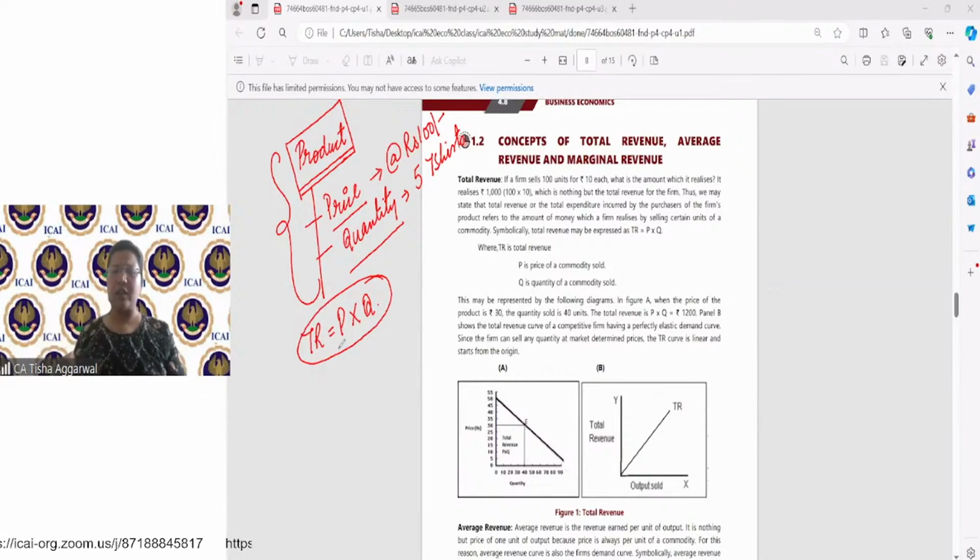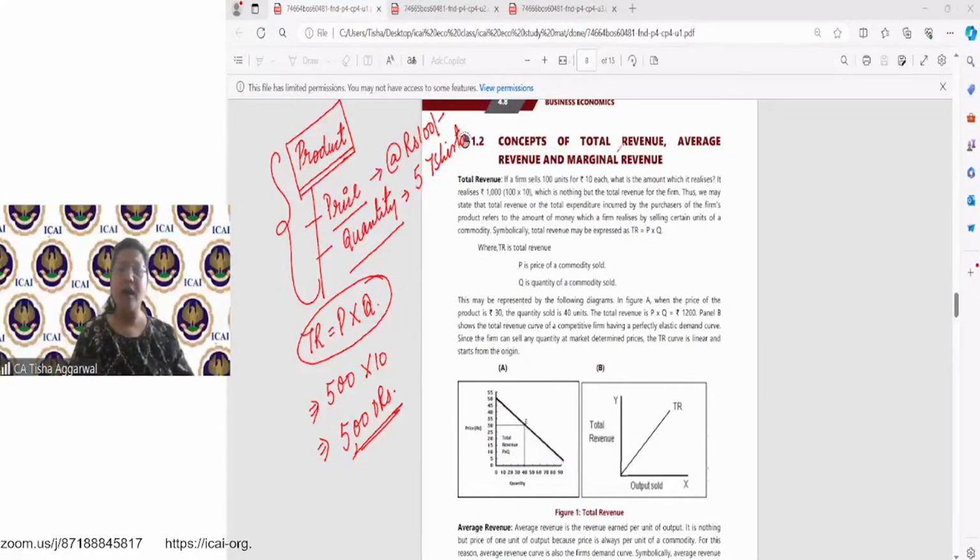She's a very good baker and she makes cakes. She says, ma'am, I sold 10 cakes today at 500 rupees each. Palak, what is your revenue? What is your total earning? 5,000 rupees. Correct?